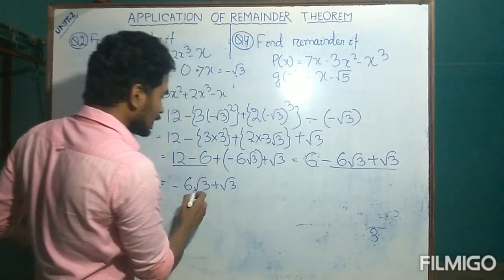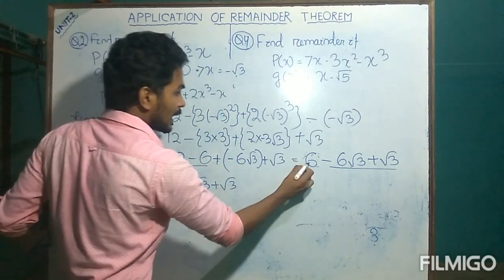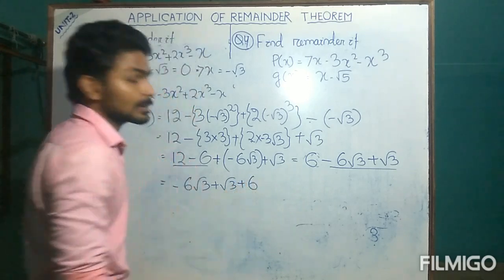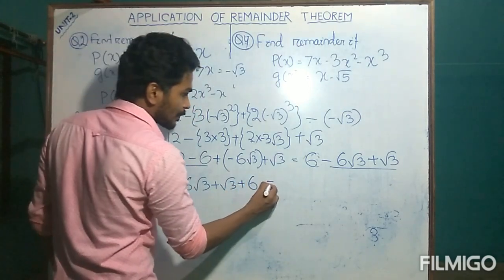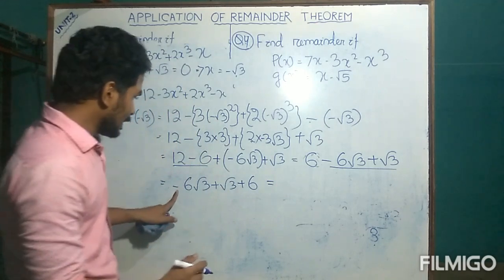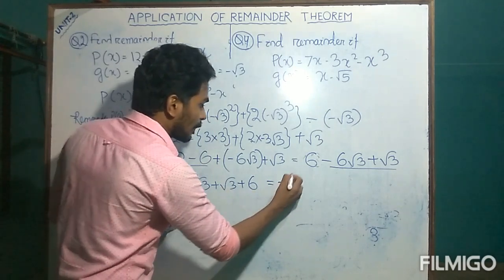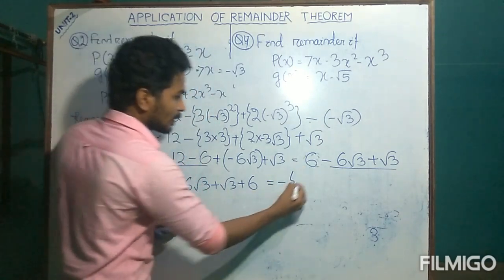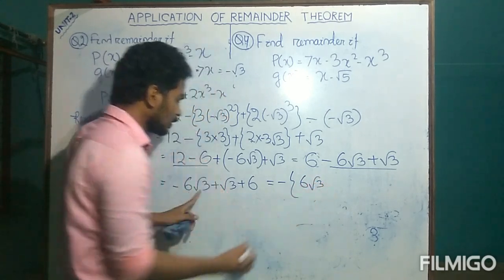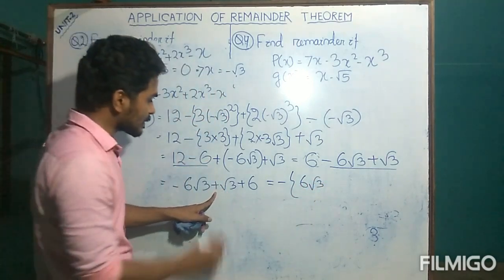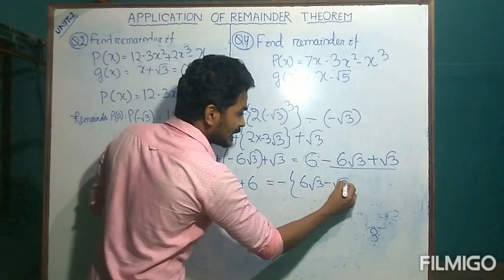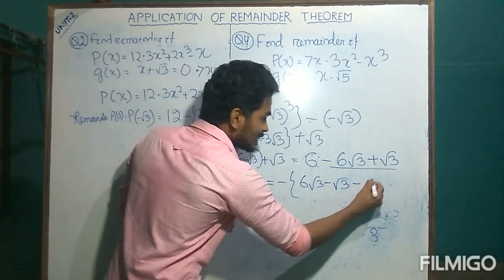So minus 6 root 3 plus root 3 and plus 6. Then take minus as common. So it will be 6 root 3, and all the signs inside the bracket will be changed. It will be minus root 3. It will be minus 6.